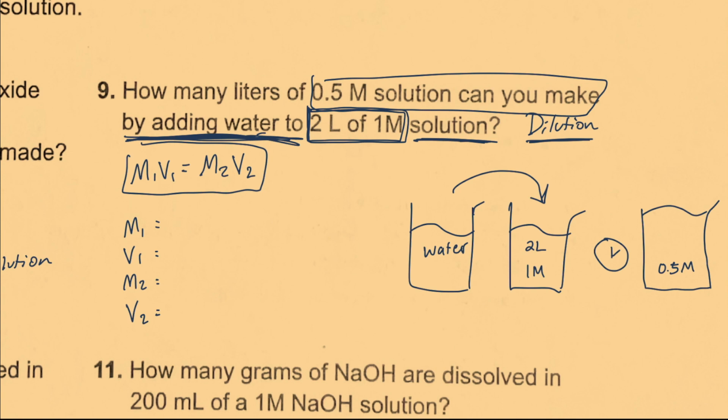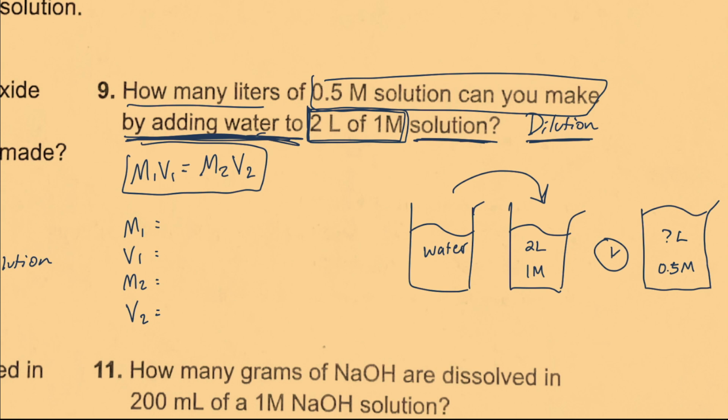And we want to know the new volume because it's asking how many liters. We don't know how many liters. That's what we want to figure out. So we can see that this is the original solution, and this is the new solution. So that should help us identify which numbers go where.